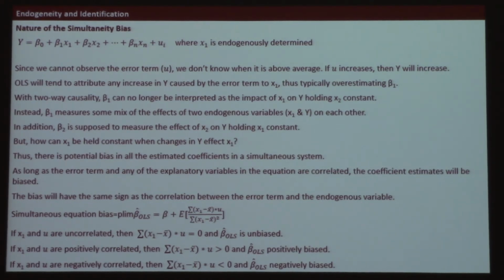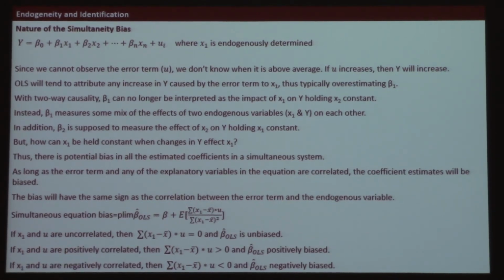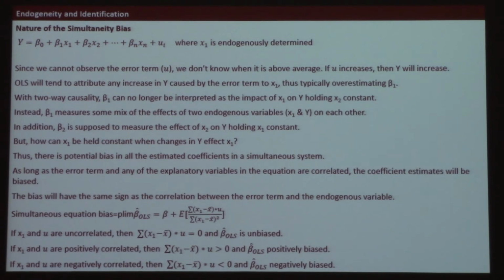So the error term, which shifted the demand curve, and price are positively correlated, which means we're going to get positive bias in our coefficients. When we run this regression, our effective price is going to appear bigger than it really should be. If these were negatively correlated, we get the opposite effect.